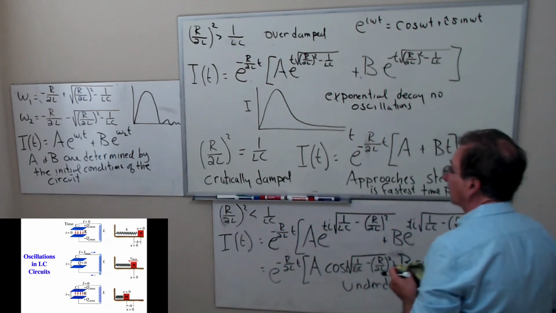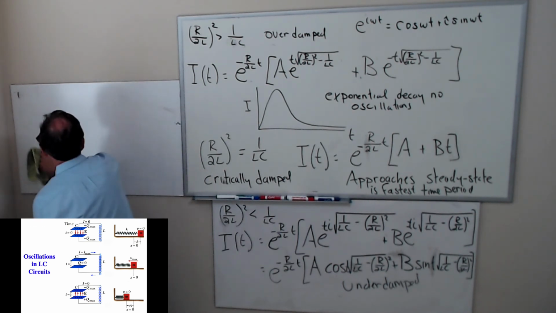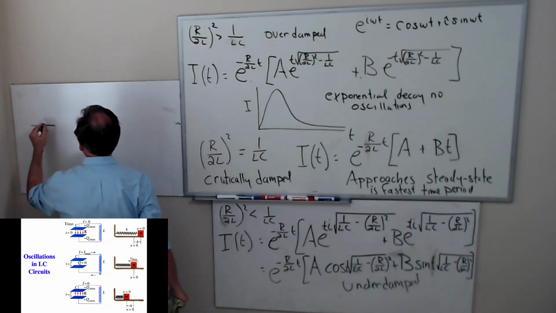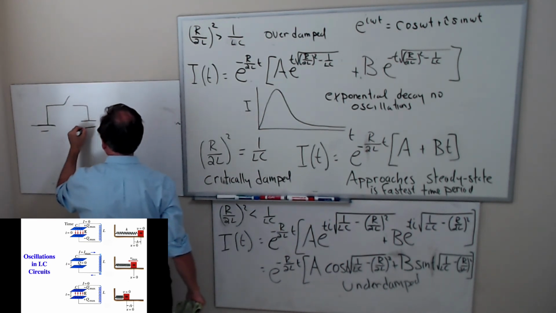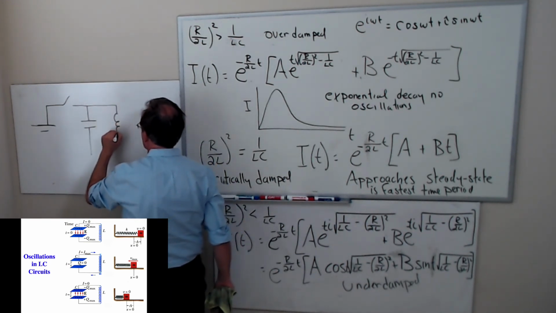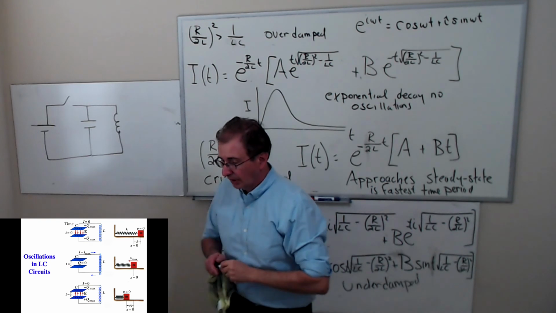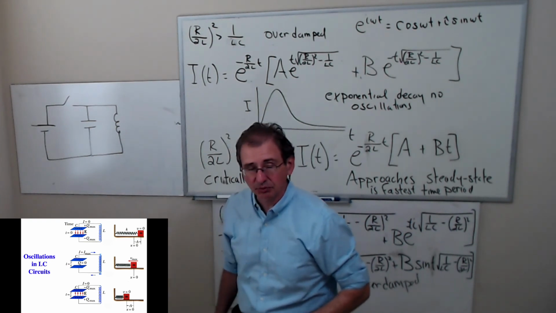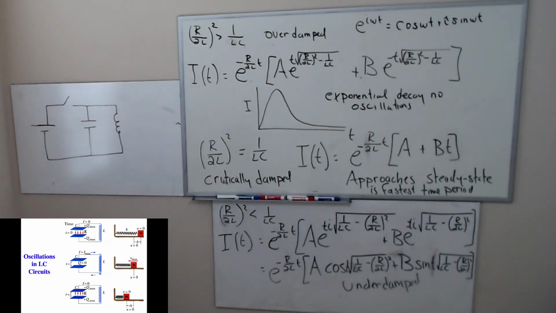Suppose I have something like this. Power supply, switch, capacitor, and then an inductor. I close the switch, capacitor charges up. Once it's charged up, I open the switch. That's the scenario I'm setting up.